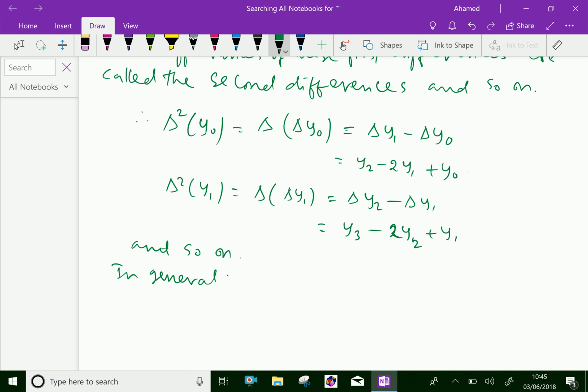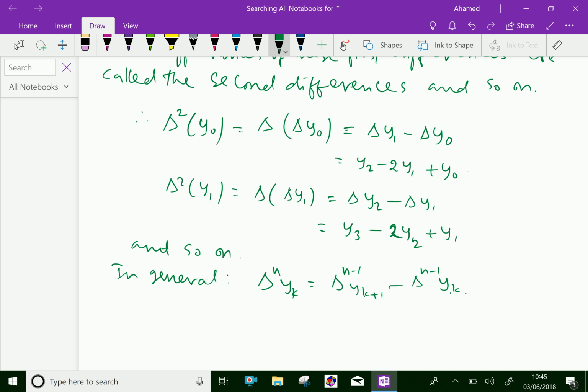In general, we can say delta power n of yk equals delta power n minus 1 of y of k plus 1 minus delta power n minus 1 of y of k.